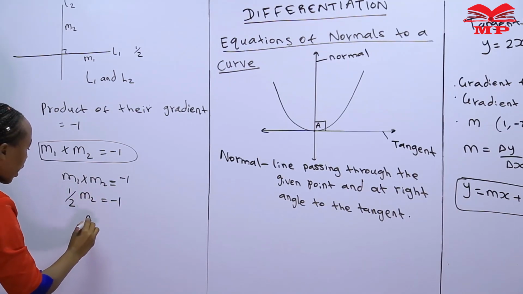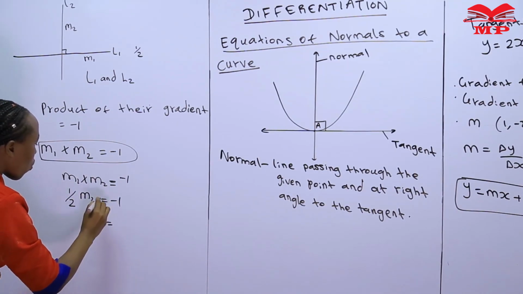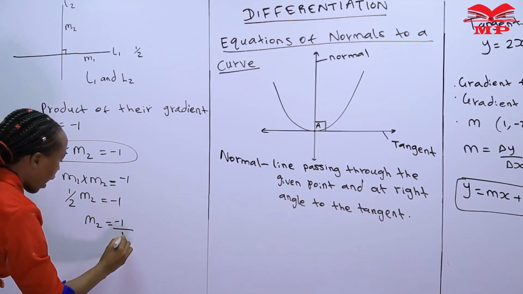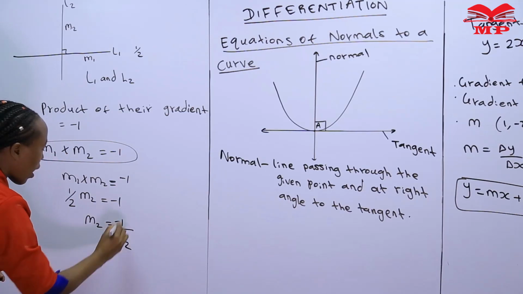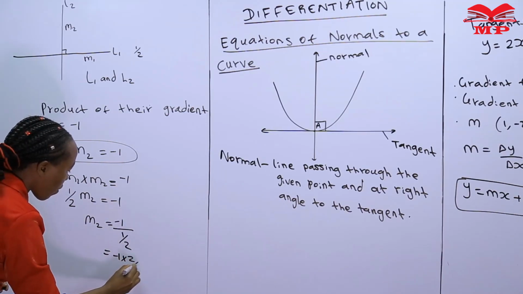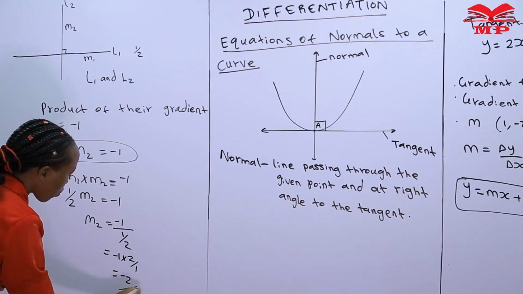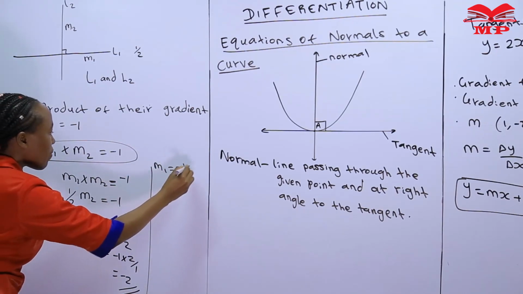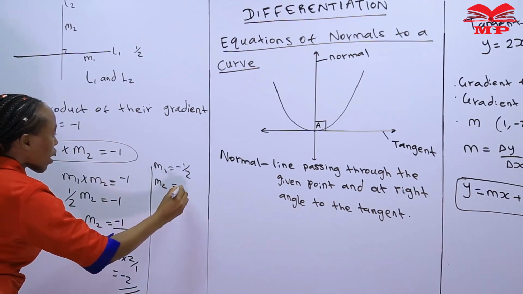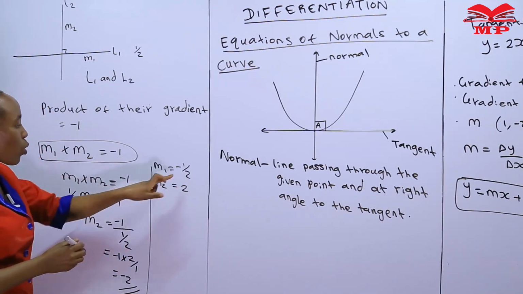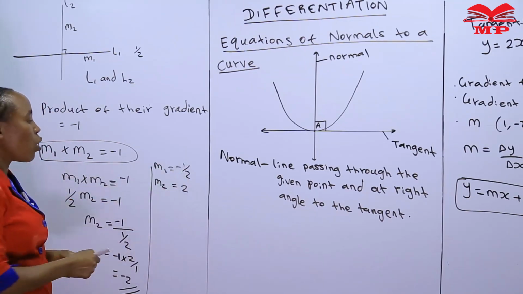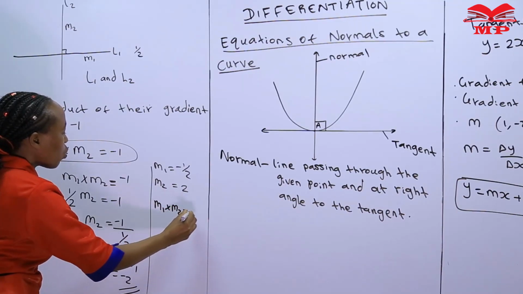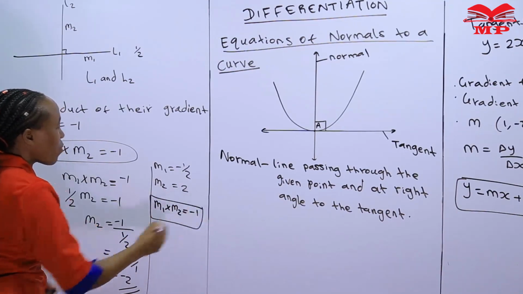Therefore M2 will be equal to -1 divided by 1/2, so we have -1 times 2/1, that is -2. And for sure, when you multiply 1/2 times -2, you'll get that the product M1 times M2 is equal to -1.